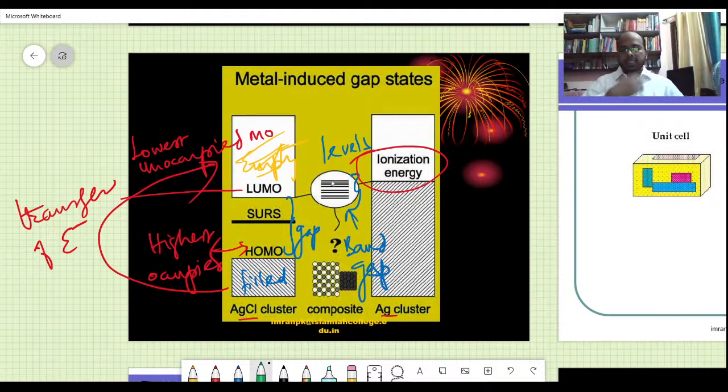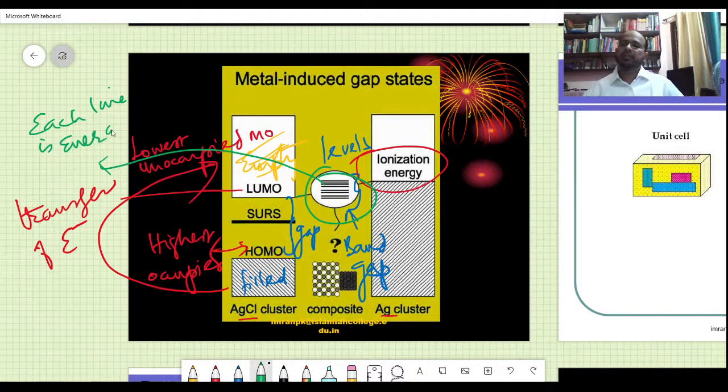Okay, so you can see that this level can be given like this. A quantum chemical calculation will put them, each line is an energy line. And in quantum mechanics, you differentiate them by A, B, A1, T1, T2, G symmetries like that.